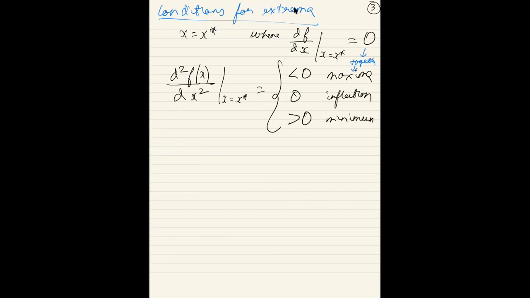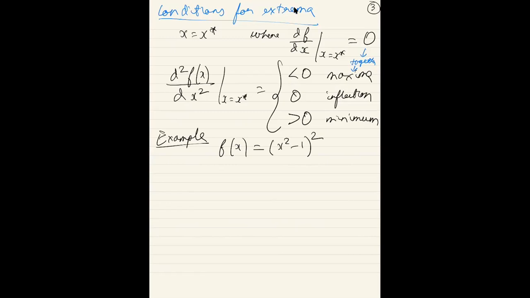So let's see how it looks in practice. Let's go to our example, the simplest one. Actually, let's go to the one we plotted in the beginning of this module. f of x is equal to (x squared minus 1) whole squared. It's a well-behaved polynomial, so we don't expect any problems of discontinuity.